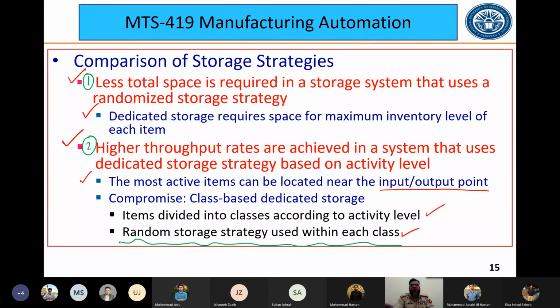So ये comparison है आपकी strategy का. It will depend that आपके पास space कितनी है and then आप किस तरह का throughput चाहते हैं. तो इसके ऊपर you can decide that whether you go with the randomized storage strategy or with the dedicated storage.